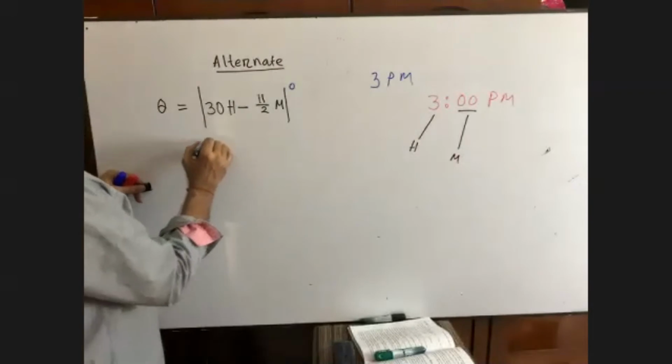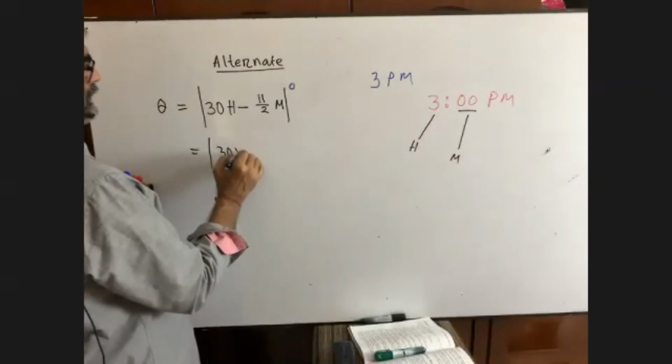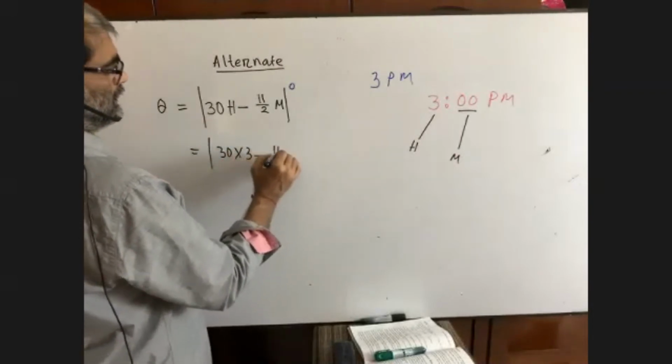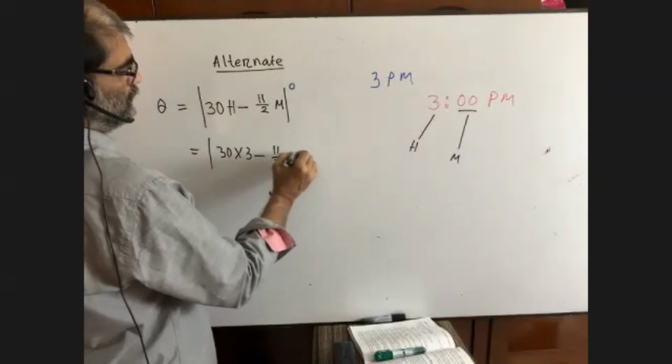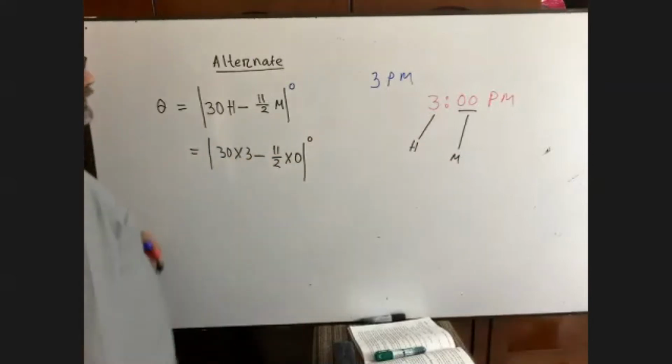Do it. 30 into 3 minus 11 by 2 into 0. Is it okay?